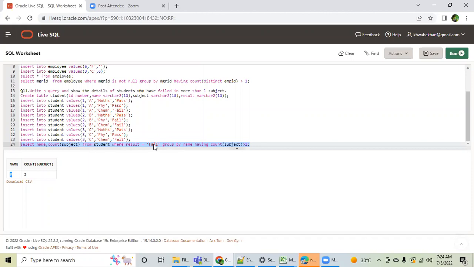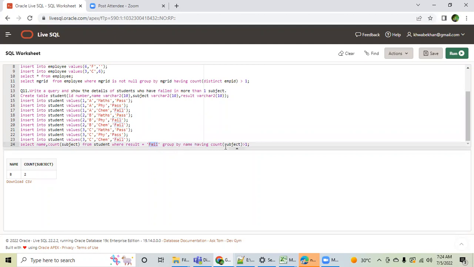This we have to hard code because this is the condition. The conditions given in the question you can hard code. Apart from the question, you cannot hard code anything on your own.